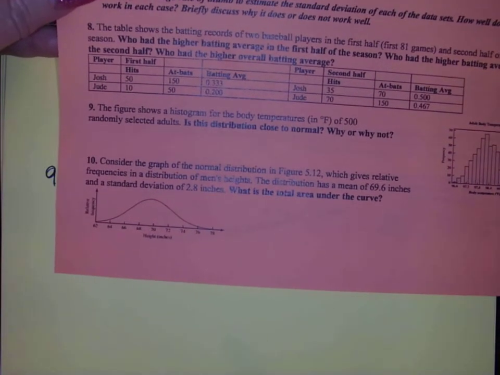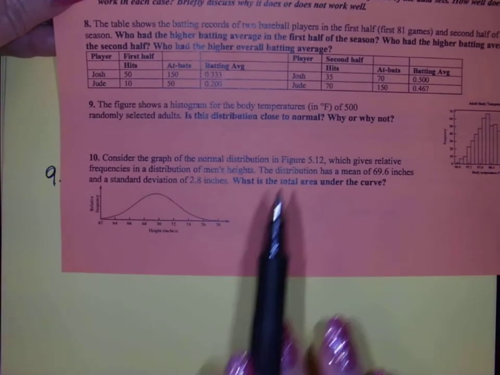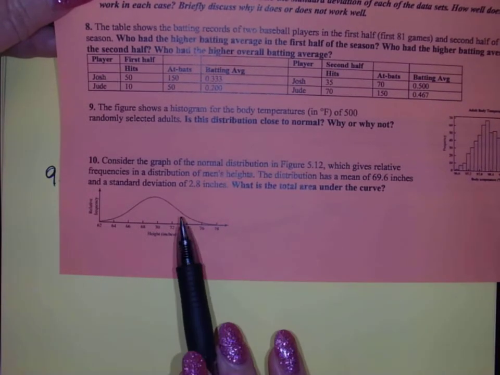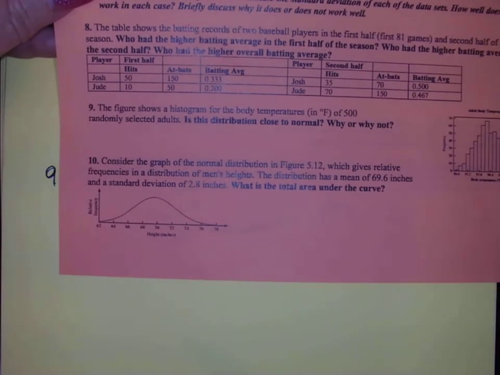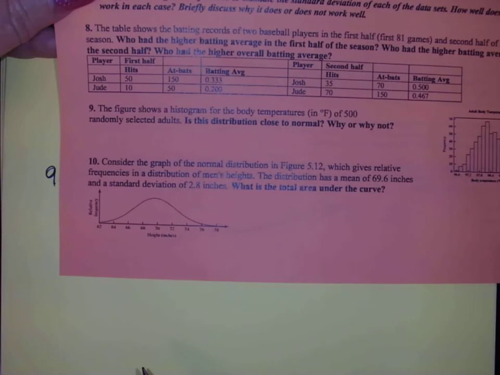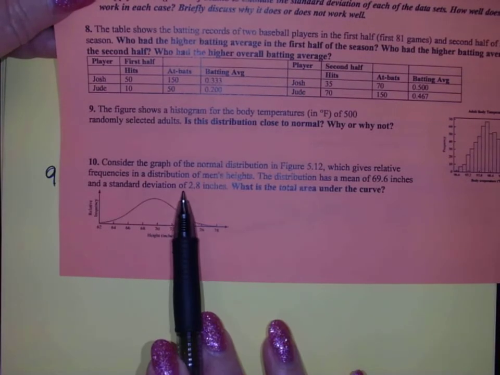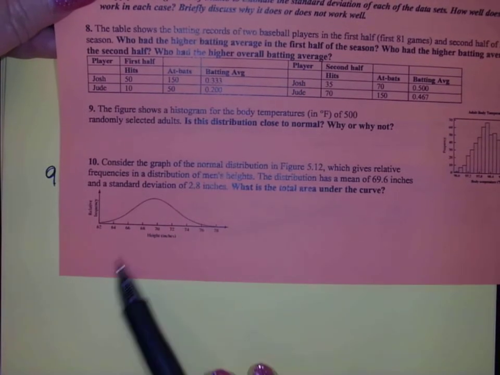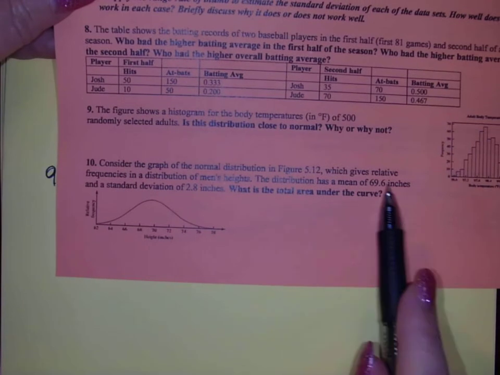All right, number 10, consider the graph of the normal distribution in figure 512. We don't care about the number, which gives relative frequencies in a distribution of men's heights. The distribution has a mean of 69.6 inches and a standard deviation of 2.8 inches. What is being asked is, what is the total area under the curve? That's a good question.